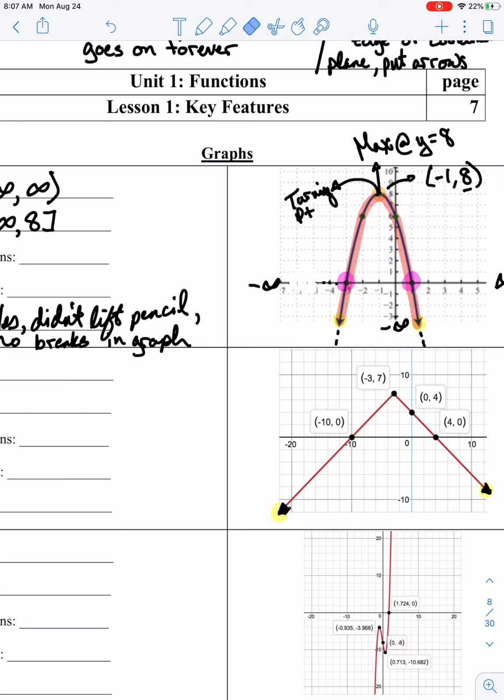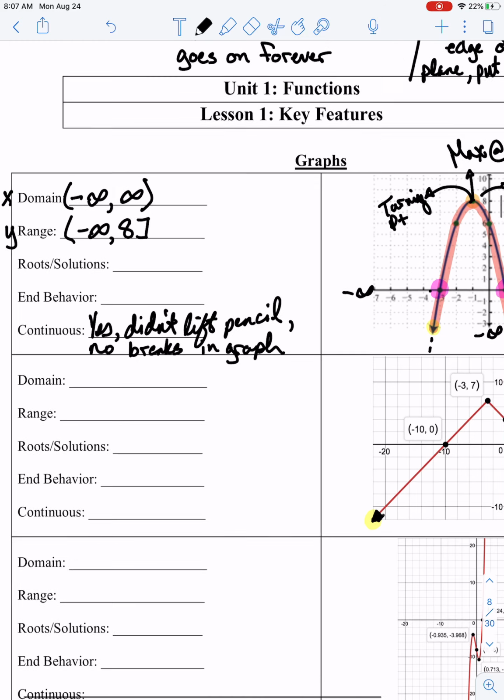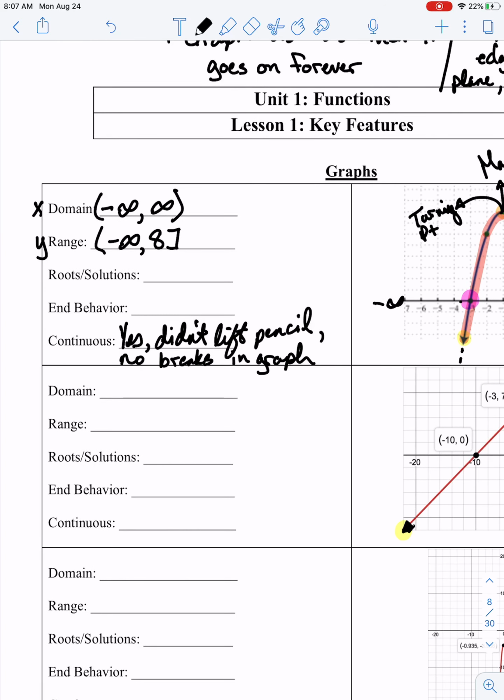Now it's possible to have 0, 1, 2, 3, or 4 solutions, roots, or zeros. The number may not always be the same. And again, I want the x value. So x at -3 and x at 1.